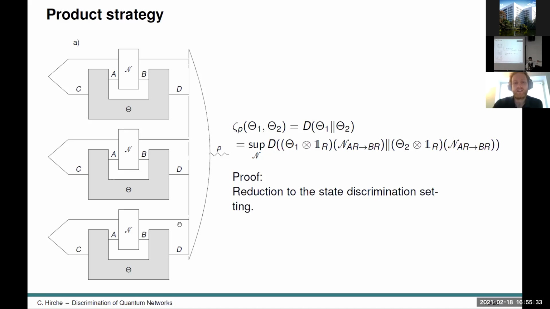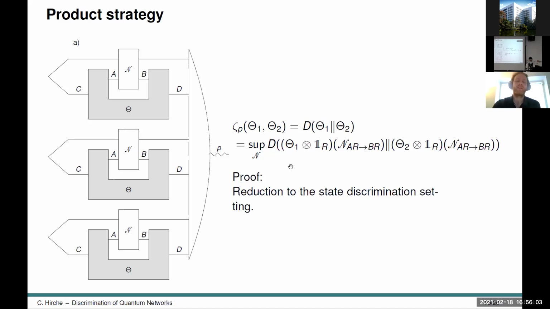And then we take all the outputs and we use a joint measurement. And it turns out that the optimal rate is what I define as the relative entropy of superchannels. And this is in some way just the direct extension of the channel relative entropy. Just that now we also optimize over all the input channels.